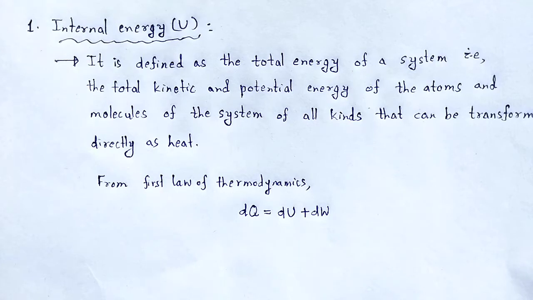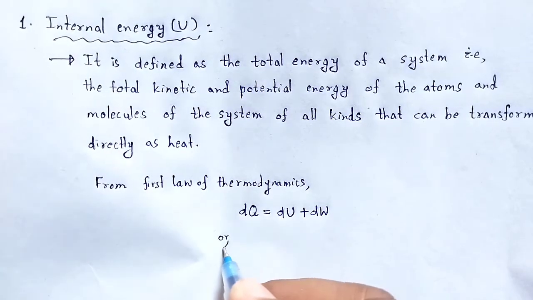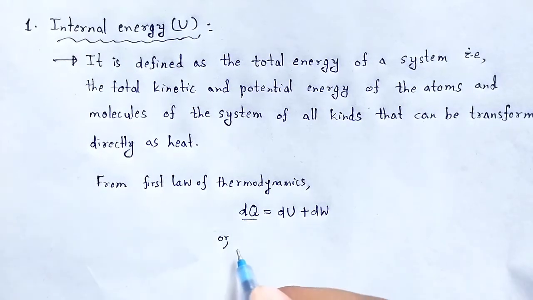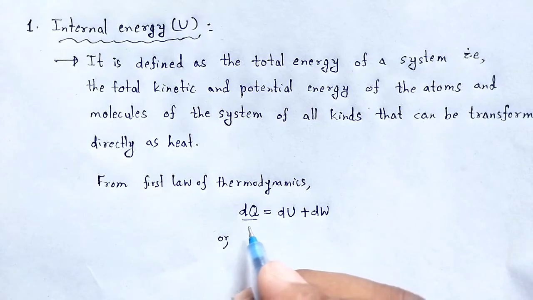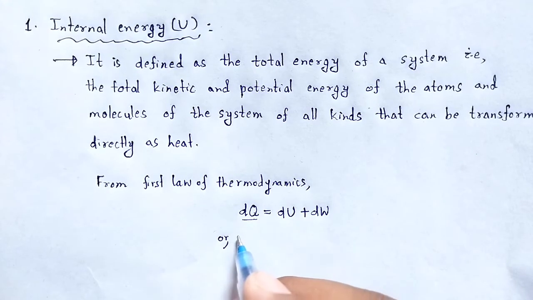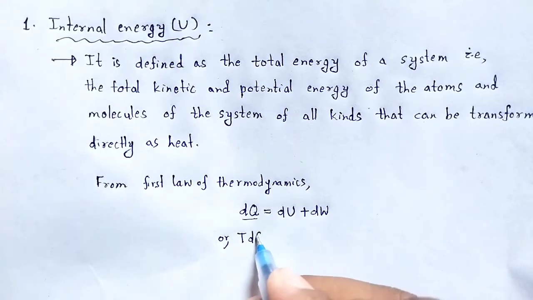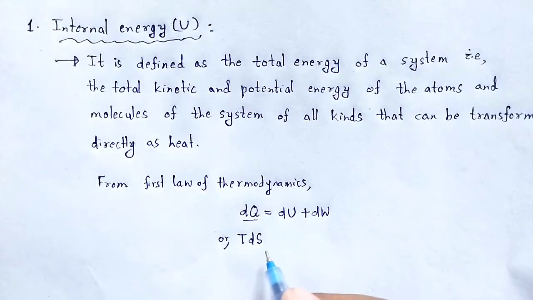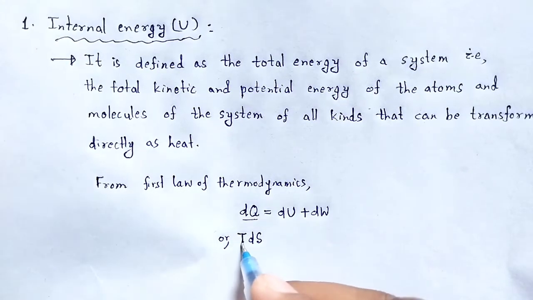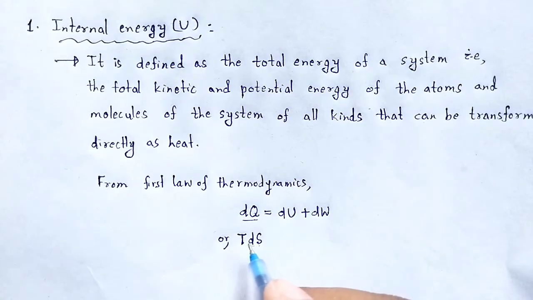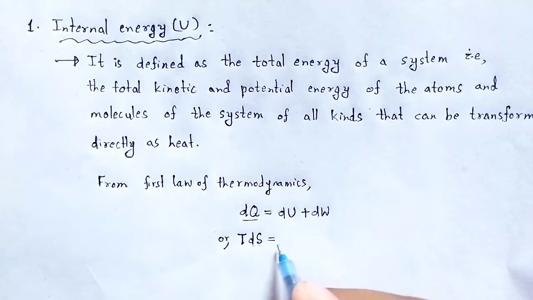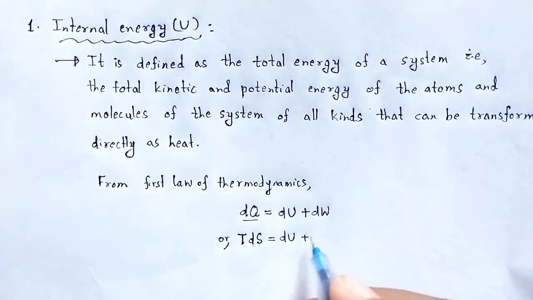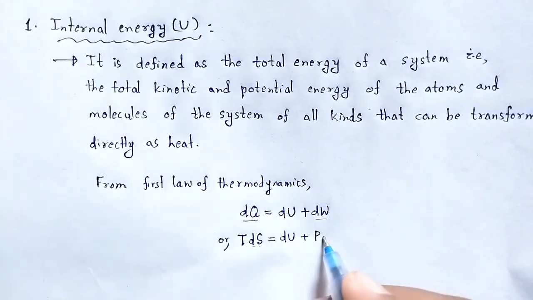Now here, in place of dq, I can use T dS, from the second law of thermodynamics, the value of dq, where T is the temperature and dS is the change in entropy, and in place of dW, that is P dV.